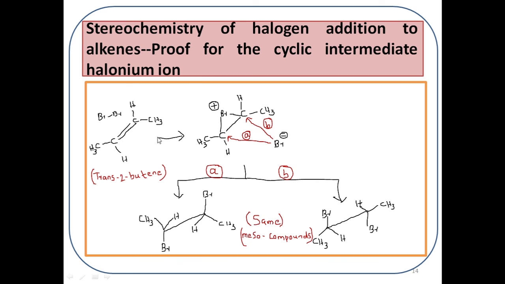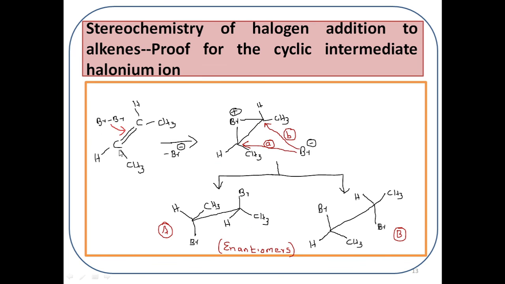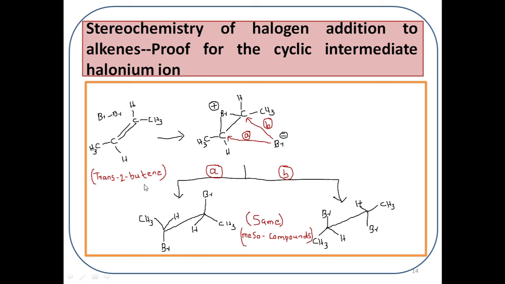That is why we say that the reaction is stereospecific. While cis-2-butene gives a 50-50 mixture of enantiomer A and enantiomer B, with trans-2-butene we are getting meso compounds.